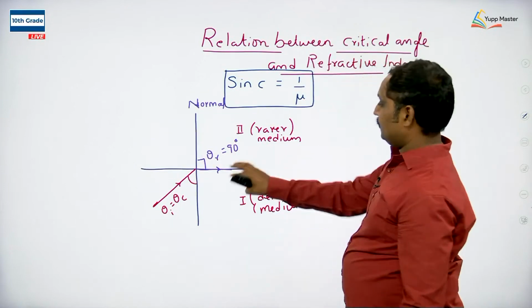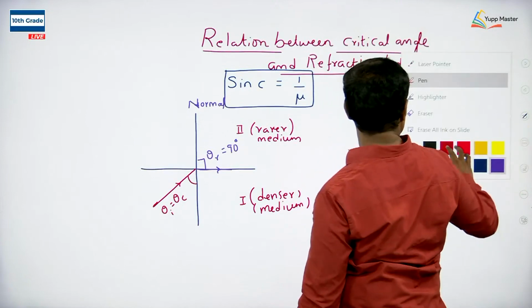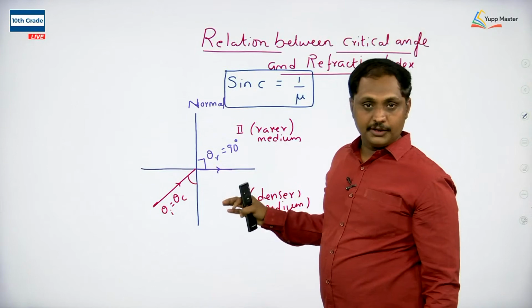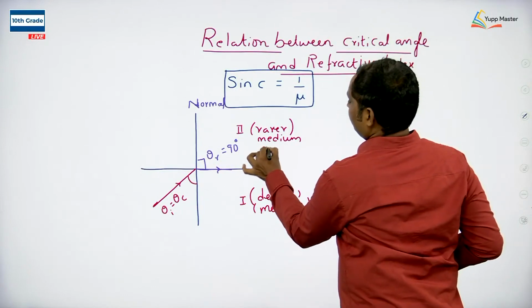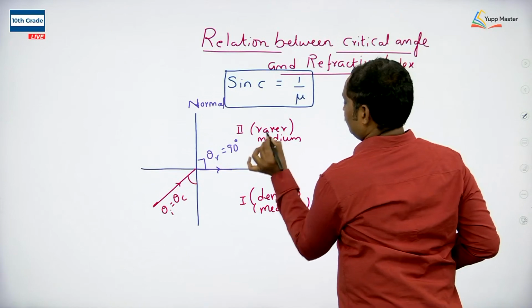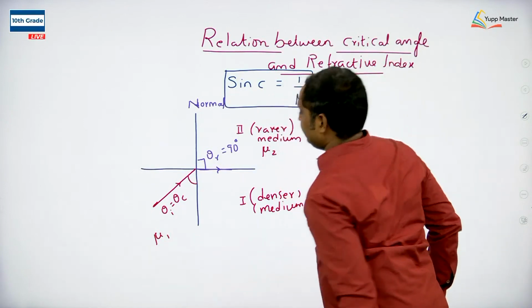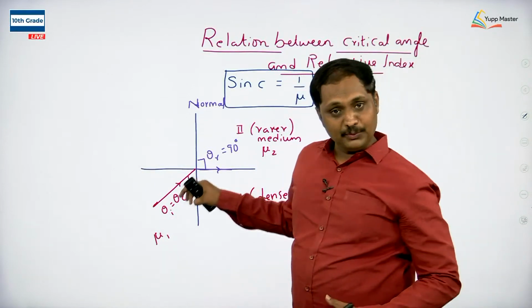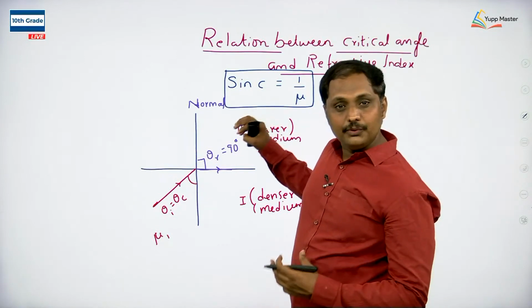Now, let us assume this is the air medium, this is the denser medium. So, this is mu 2, this is mu 1. The refractive index of the denser medium is mu 1, and the refractive index of the rarer medium is mu 2.